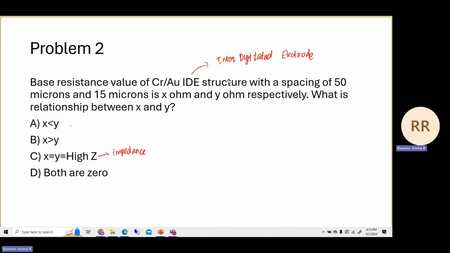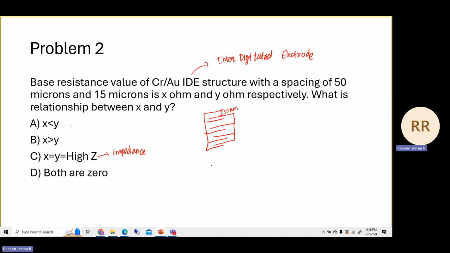Let us see what an IDE structure looks like. We have two comb-shaped electrodes arranged in an interleaving fashion, like this. What is mentioned is that first we have a chrome gold IDE structure with a spacing of 50 microns between the two electrodes.